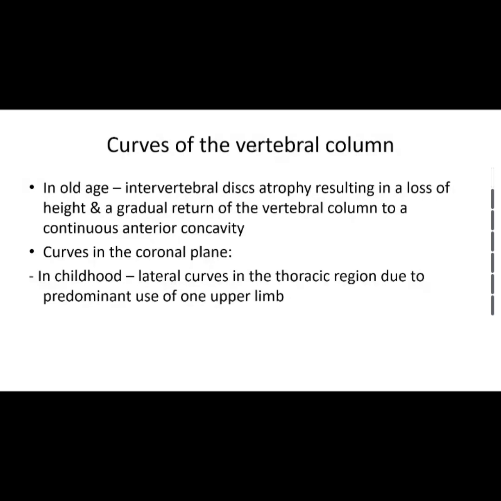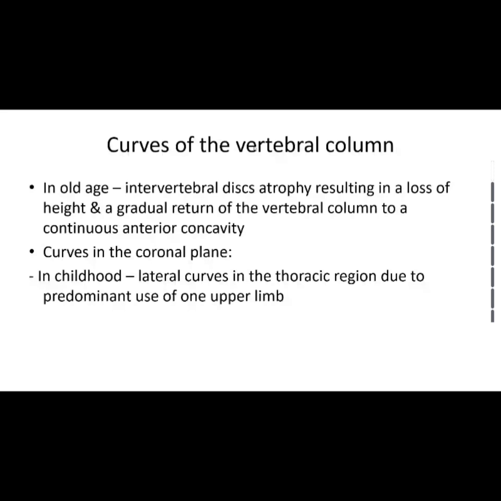When the discs shrink, and as we said, around a quarter of the whole length is from intervertebral discs, it results in loss of height, so older people are likely to appear shorter. There is also a gradual return of the vertebral column to a continuous anterior concavity, as in the fetus.